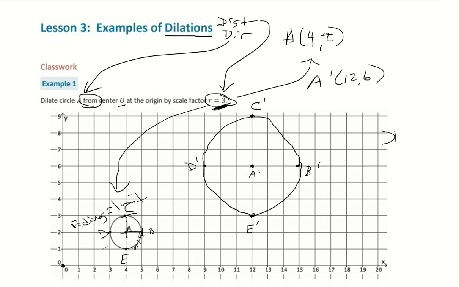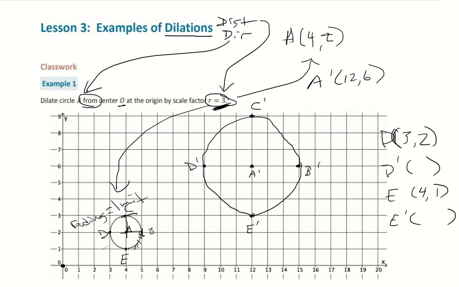Okay, so D and D prime, and then we'll use it again with E and E prime. D is over 1, 2, 3 and up 2: (3, 2). E is over 1, 2, 3, 4 and up 1. Those are my originals.